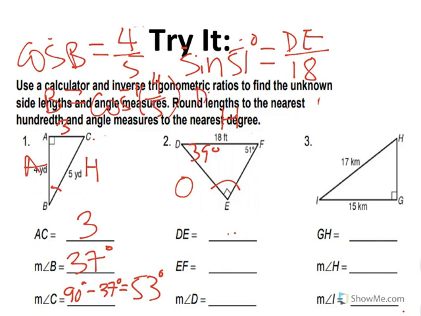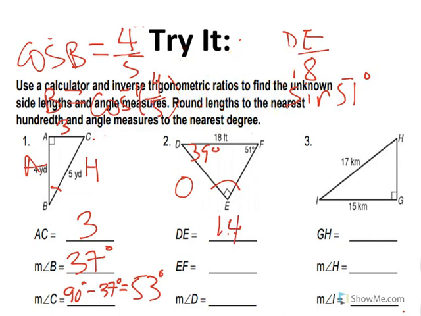So then DE equal to 18 sine of 51. So we can round this up to 14. Right? Okay, so let's go on to our next one to solve for EF.